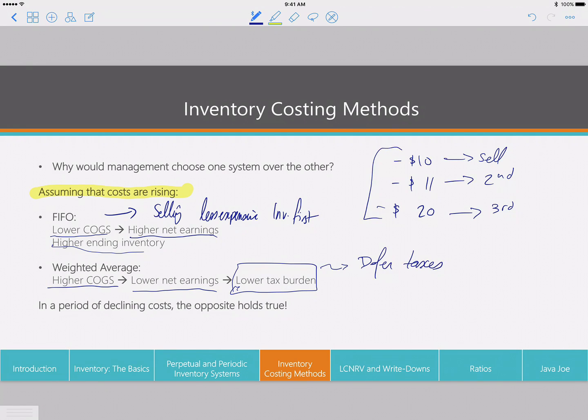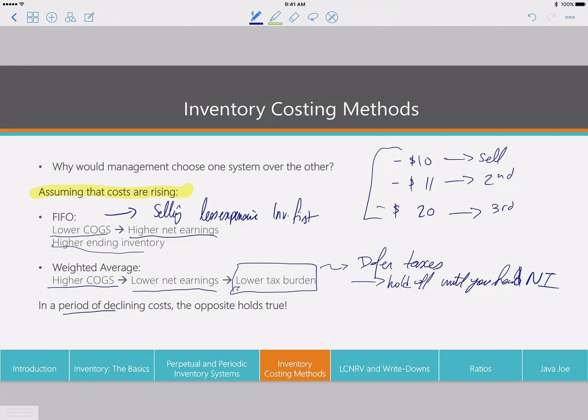So you could hold off paying them until you had that net income. So you can push off paying it. Some managers might be more concerned with keeping cash in the company and would rather show lower earnings for that. Now remember, this is all on the assumption that costs are rising.